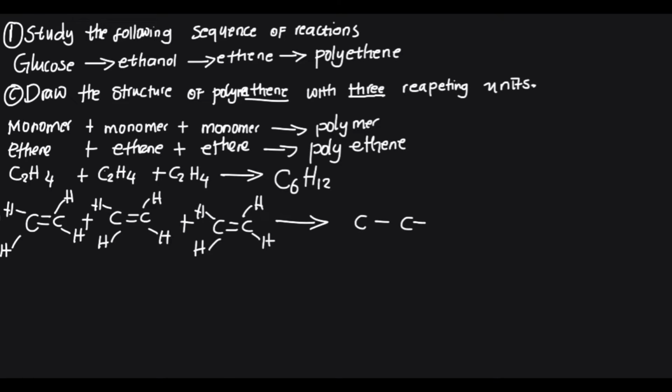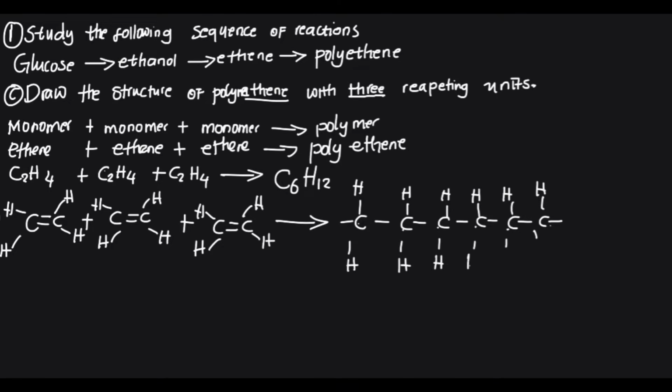So here you just have to draw the single bonds only. We can see that we have 1, 2, 3, 4, 5, 6, so we have maintained the 6 atoms of carbon. Then we have 12 hydrogen: 1, 2, 3, 4, 5, 6, 7, 8, 9, 10, 11, 12.